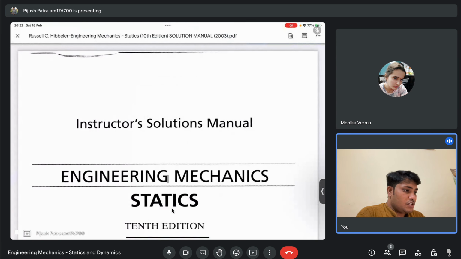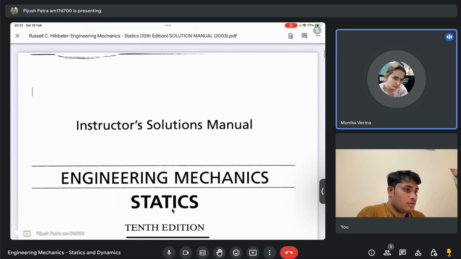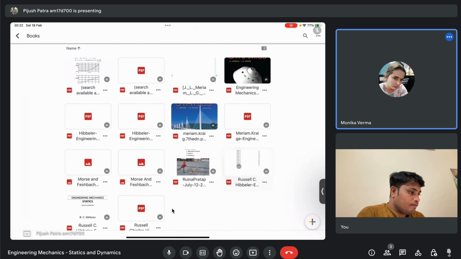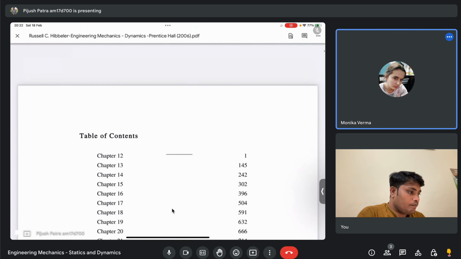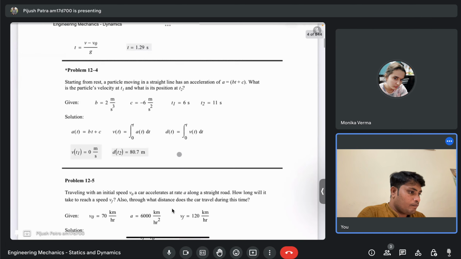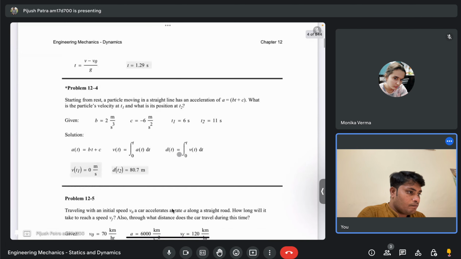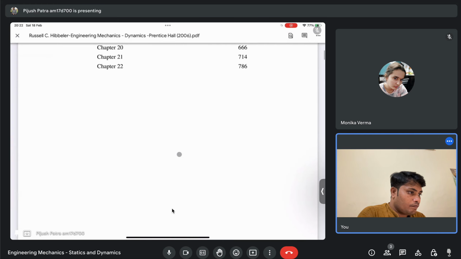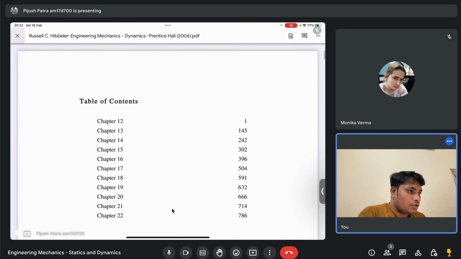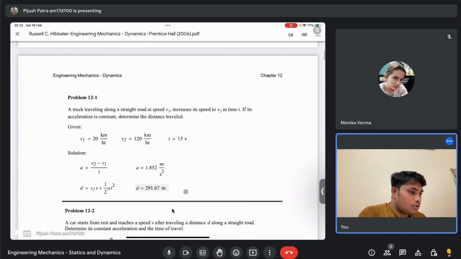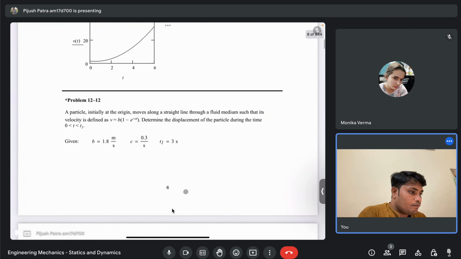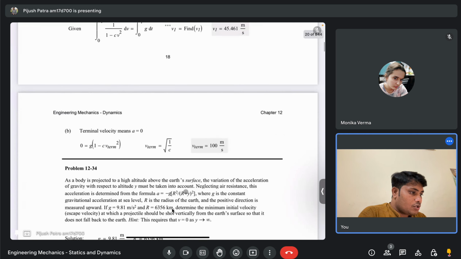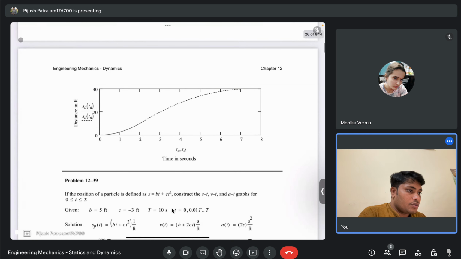Are you able to see the screen? Yes, I am able to see this. No, this is not the book.